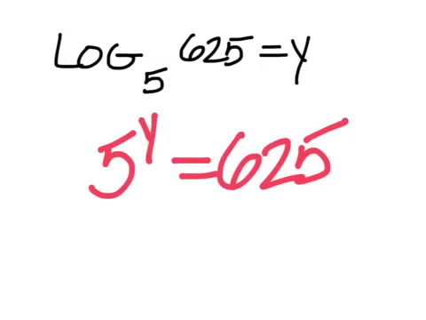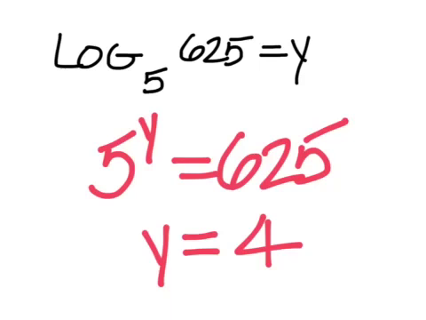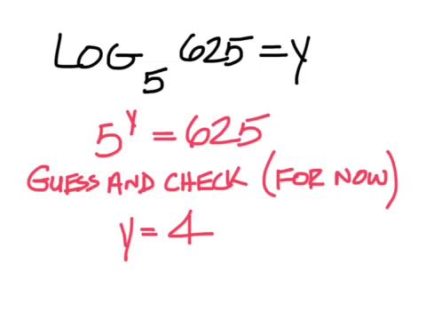What's 5 to the 4th? 625. So the answer is 4. And we'll get into the actual solving method on that when the time comes. It's a little too soon for that.